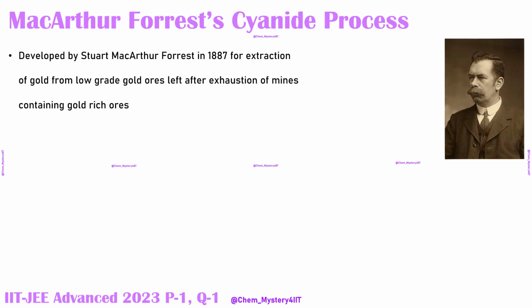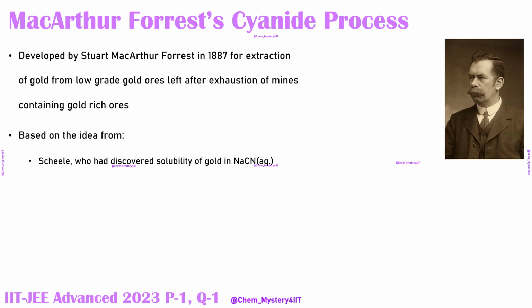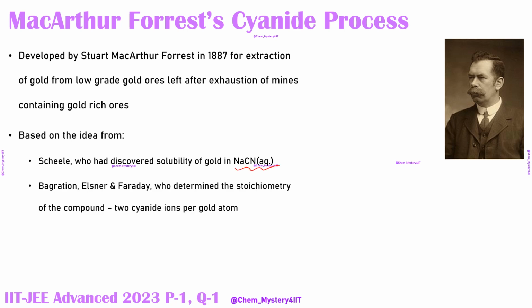Okay, and this is him, MacArthur Forrest, and this process was based on an idea from Scheele, who for the first time showed that gold is soluble in aqueous sodium cyanide. There were people like Bagration, Elsner, and Faraday who discovered that in the complex which is formed, one gold combines with two cyanide ions, so this stoichiometry was also known.